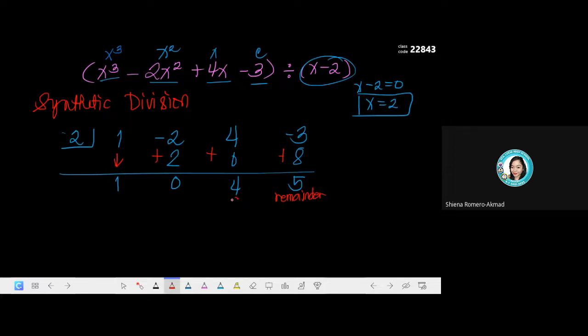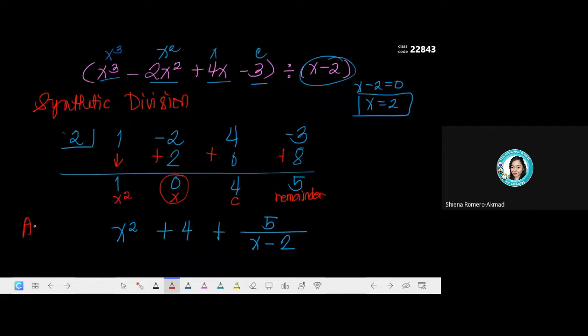This will be the constant term. Ito yung x at ito yung x squared. Dahil 0 yan, ibig sabihin walang variable x na given. Okay? So the final answer is x squared plus 4 plus 5 divided by x minus 2.